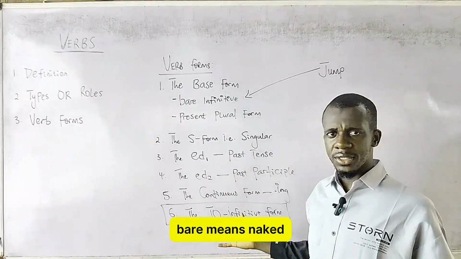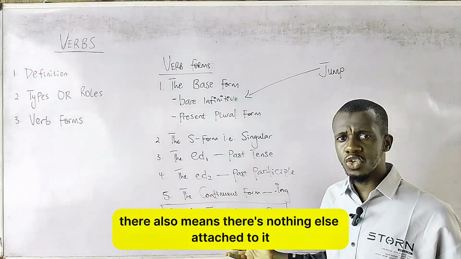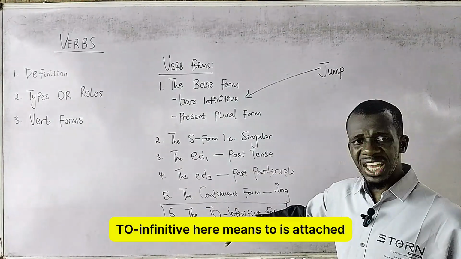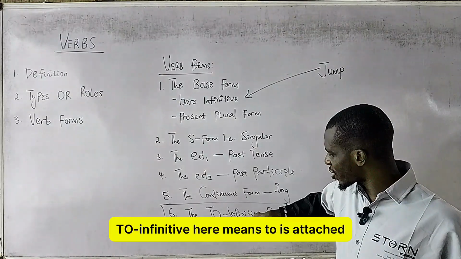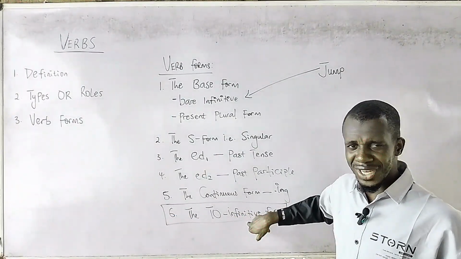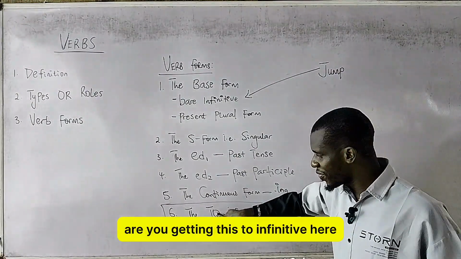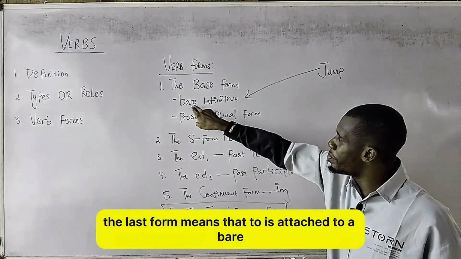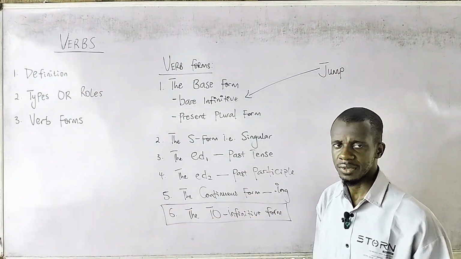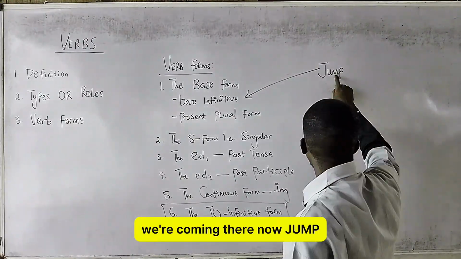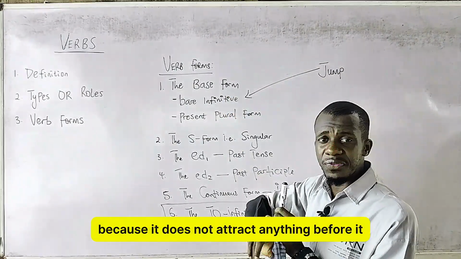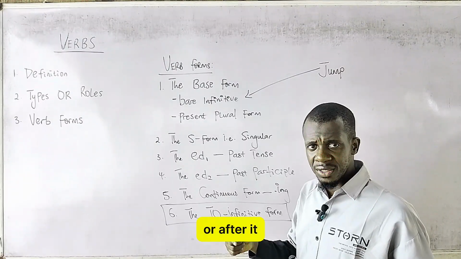Bare means naked. Bare also means there's nothing else attached to it. To infinitive here, the last form, means that to is attached to a bare infinitive. Now, jump is bare because it does not attract anything before it or after it.